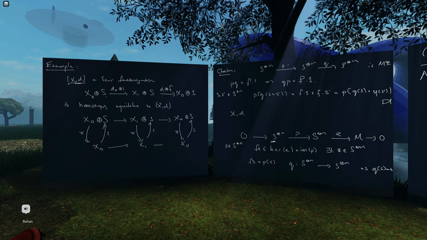Okay, and then we already have that inclusion followed by projection is equal to 1. So it just remains to show that, oh no, what am I saying? Sorry, that projection followed by inclusion is homotopic to 1.